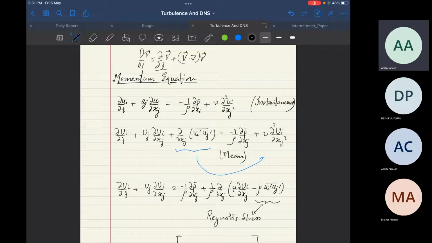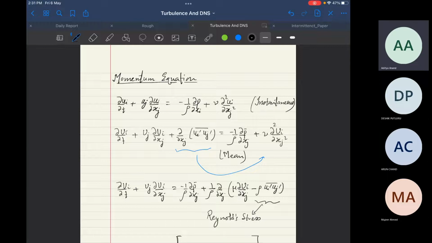V dot del is the uj del by del xj operator, and it operates on the velocity components ui. So this is the momentum equation written in tensor notations. Your grad p would be del by del xi of p, and the viscous term is written as follows: del 2 by del xj2 of ui.